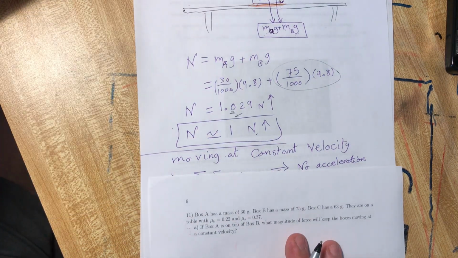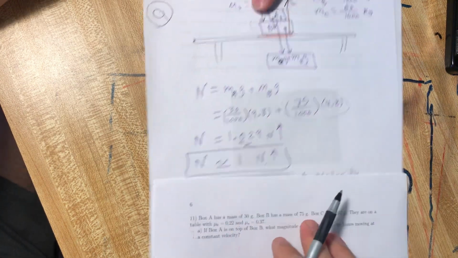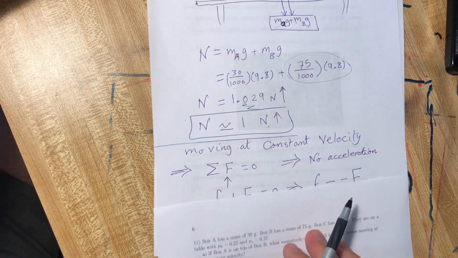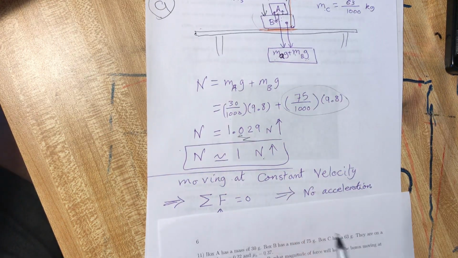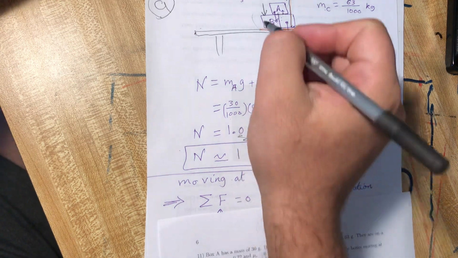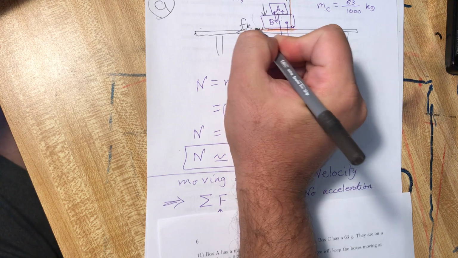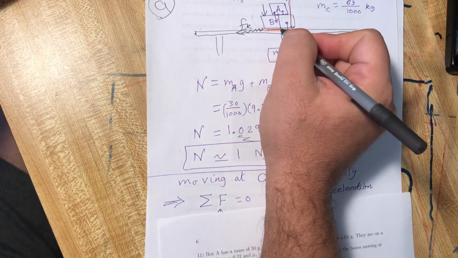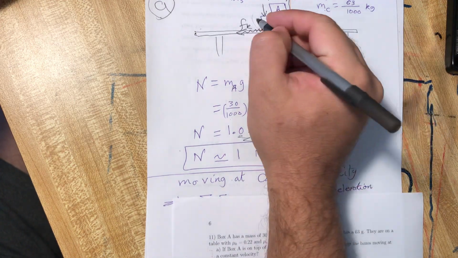Moving at constant velocity: if we need to move these blocks in our system at constant velocity, the external forces on these boxes should be zero. What are the external forces in our system? We have the kinetic friction force because the bodies are moving, and the applied force.